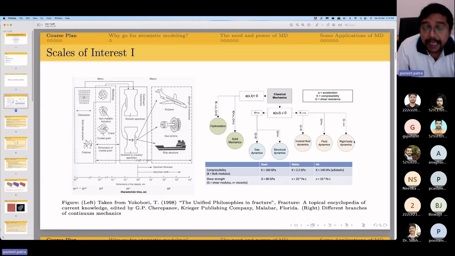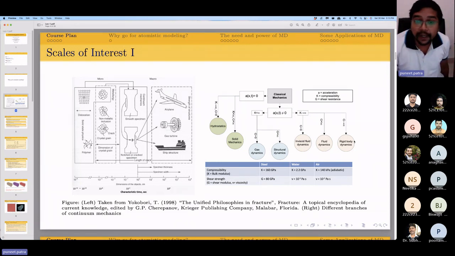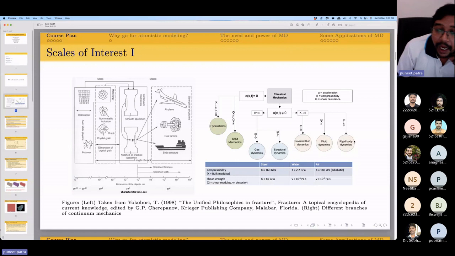So as you can see, depending upon the assumption that we are making on the material property, our formulation of continuum mechanics changes. That depends upon the situation, upon the problem that we are trying to study, for which we have to go for an appropriate modeling technique.